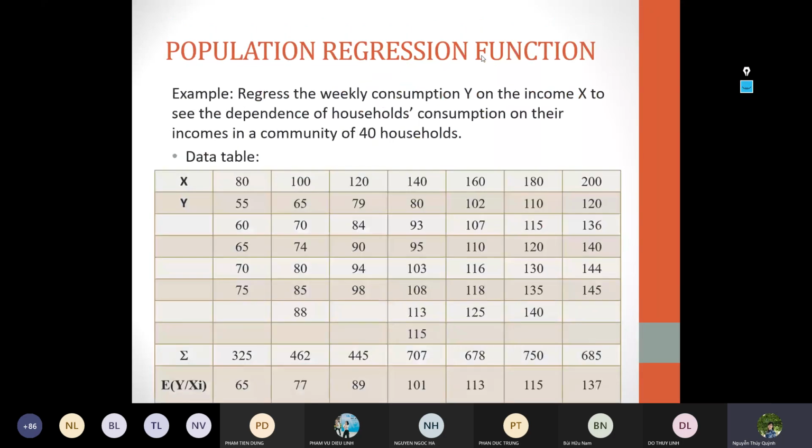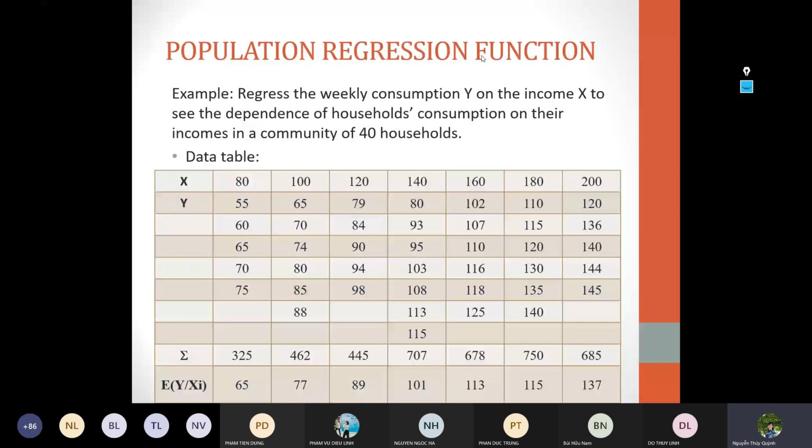Now let's look at the population regression function to see how it looks. To illustrate it, I will assume a hypothetical population of 40 households in a community.